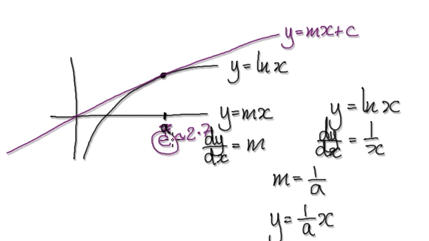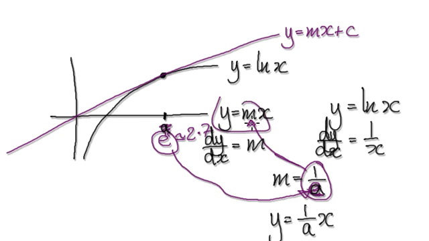So this thing here, you can put it into our gradient here. So now it's going to be 1 over e, and then put this into here. So our equation is actually y equals 1 over e x. So this is our gradient here.